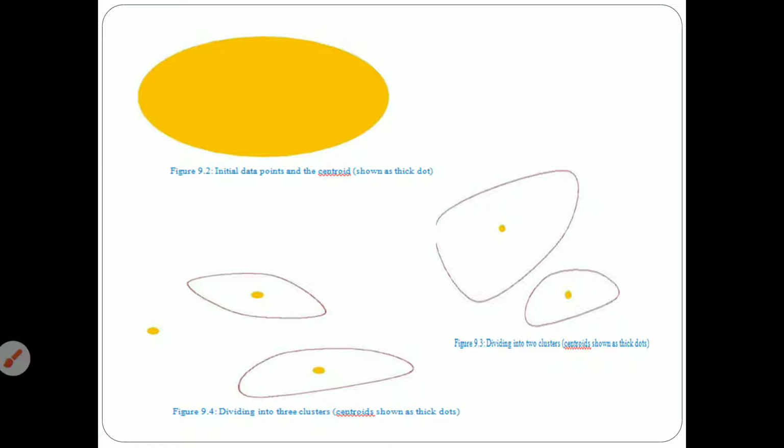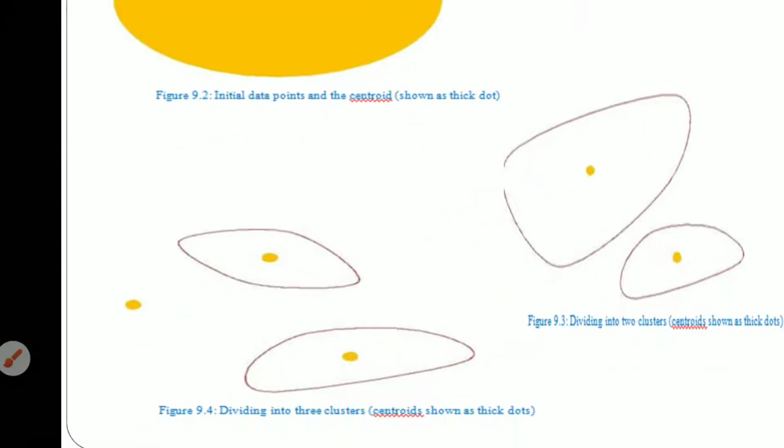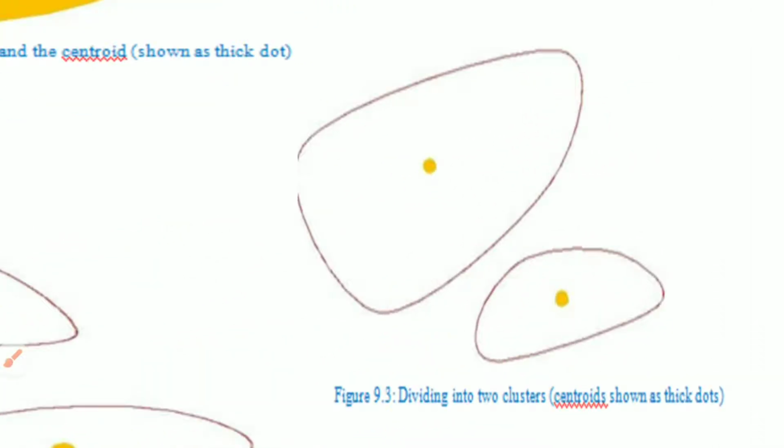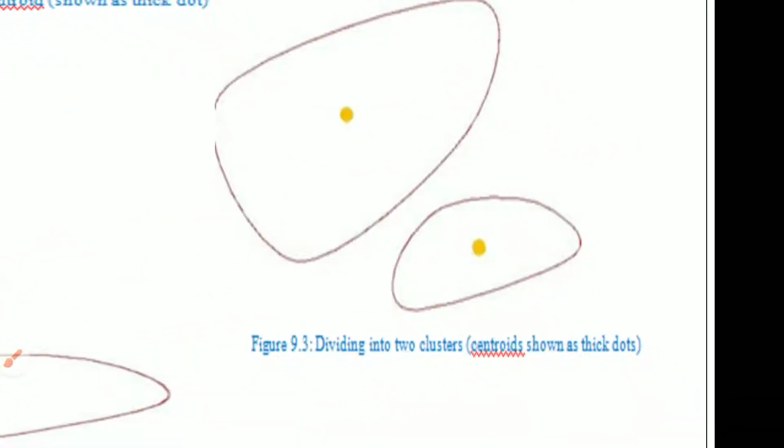First he has used the initial point, and next is dividing into the three clusters, with centroids shown in the thick dots. Not this one, this one, dividing into two clusters.